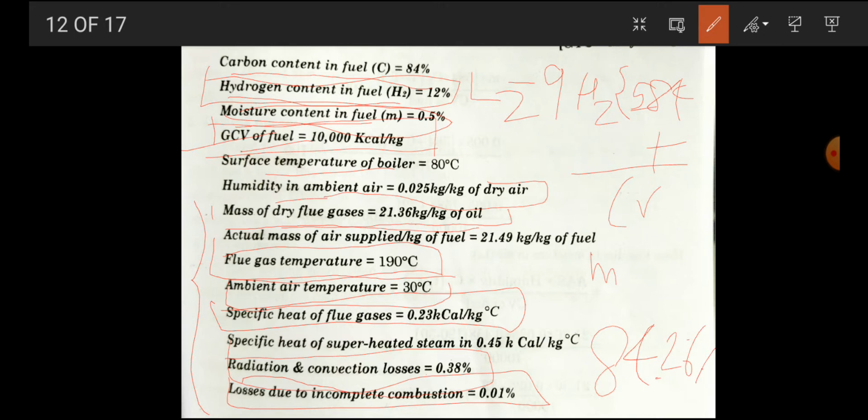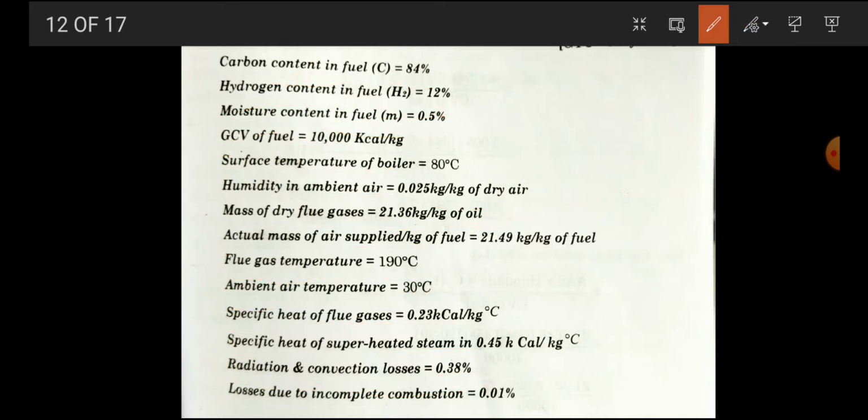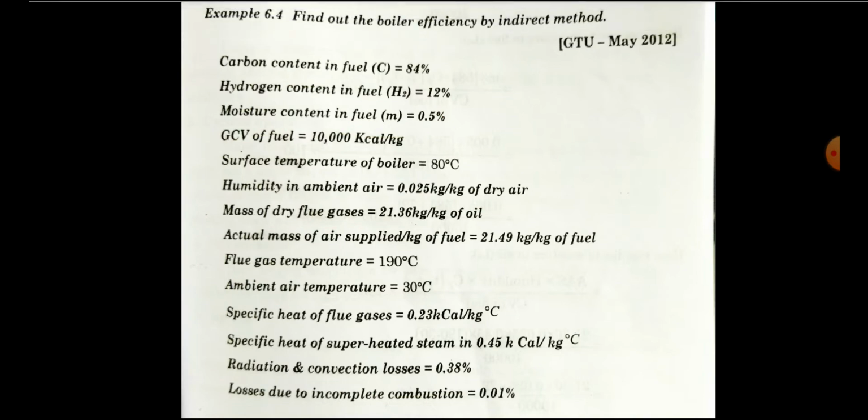So L1 we got 7.86%, L2 7.08%, L3 0.033%, L4 0.38%, and L5 and L6 are given already. This is an example which was asked in GTU, so similar examples can be asked in the exam.